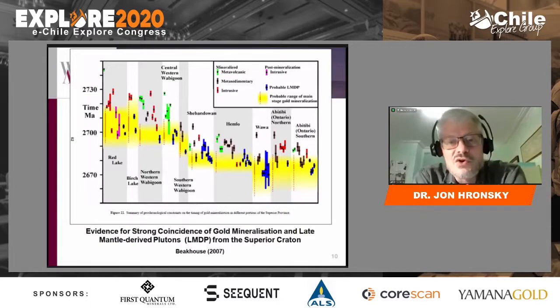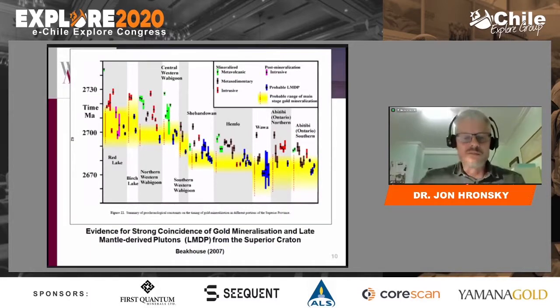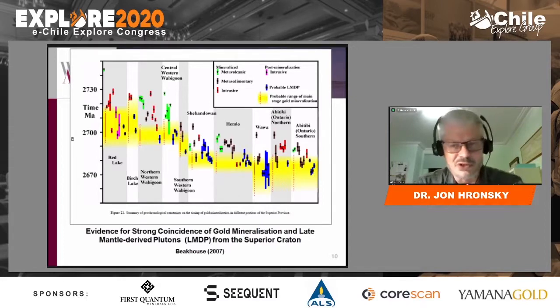We see strong relationships in timing between gold mineralization and evidence of, in this instance, what's being described as late mantle-derived plutons, certainly intrusions that are derived from the fertile upper mantle source. This is a case from the Superior craton, and what it's really showing is a very good correlation between the gold time, the gold periods, and these periods where these late mantle-derived alkalic intrusions are in place.